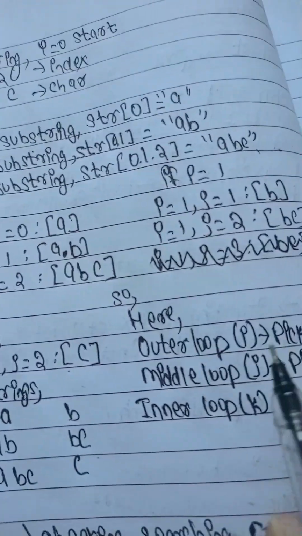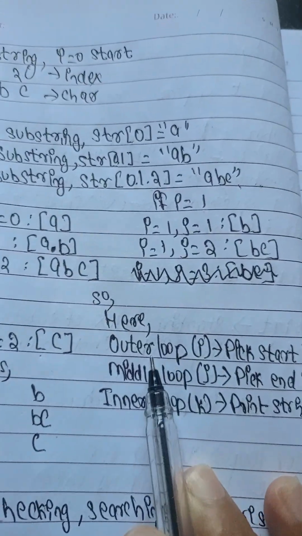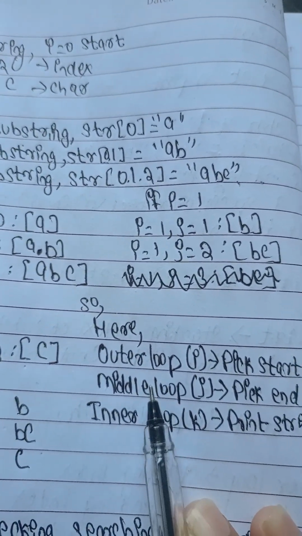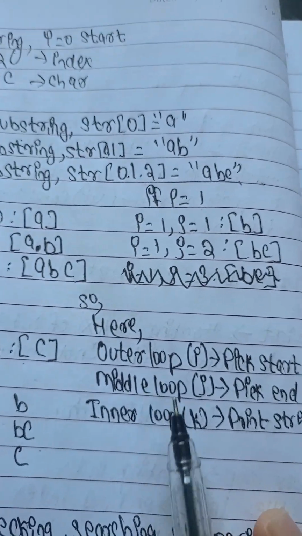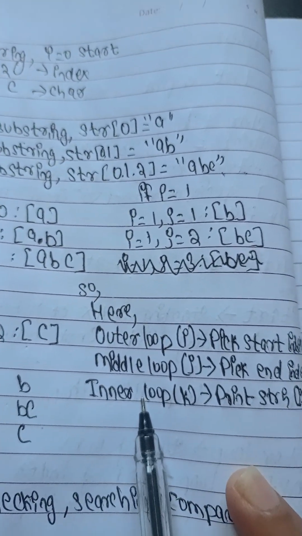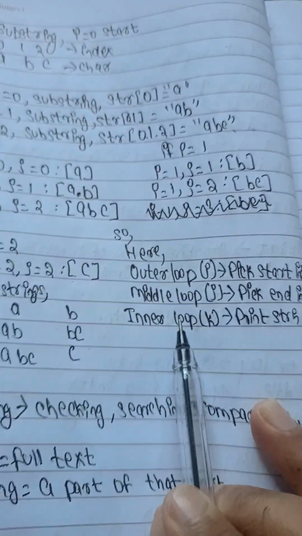Here the outer loop means i, which starts our index. The middle loop means j, which ends our index, and the inner loop means k, which prints from i to j, right? We will see this example in our VS terminal.